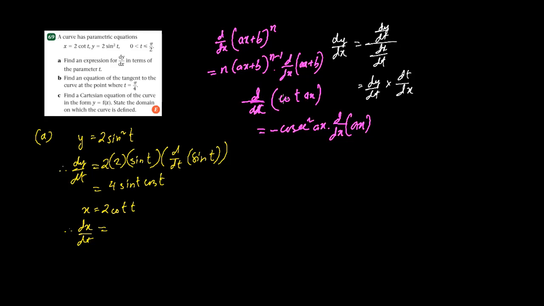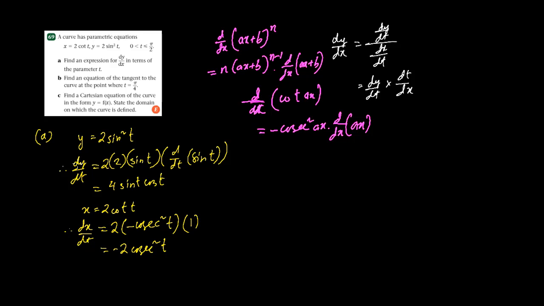So remember, the derivative of cot theta is minus cosec squared theta, whatever the theta would be here. So by that formula, the 2 would be 2 and this would be minus cosec squared theta. The angle is t here, and d by dt of t is going to be 1. So this would be minus 2 cosec squared t.